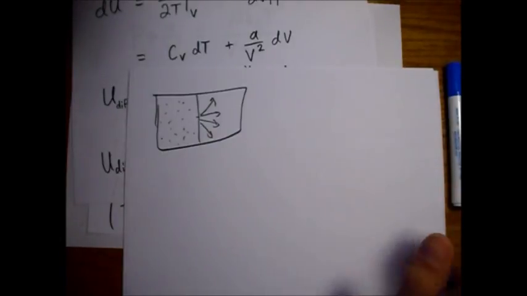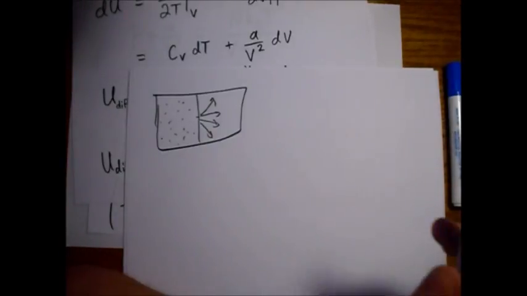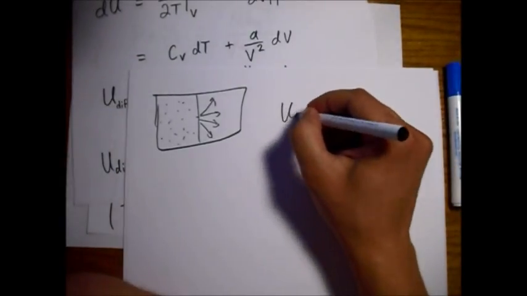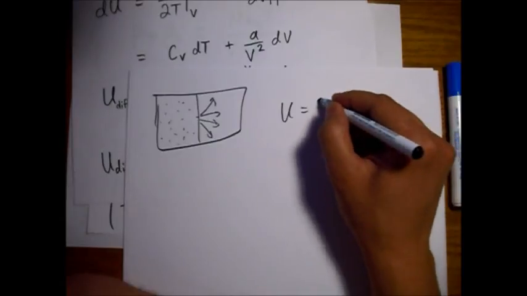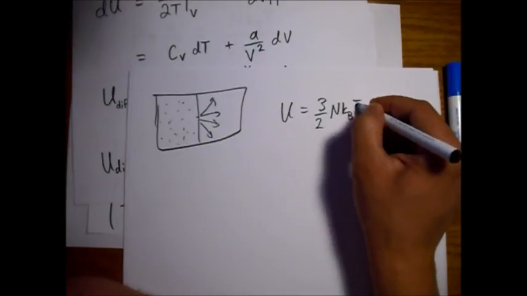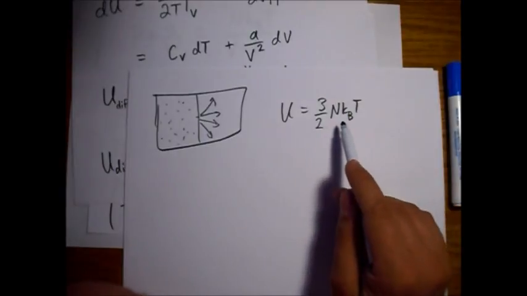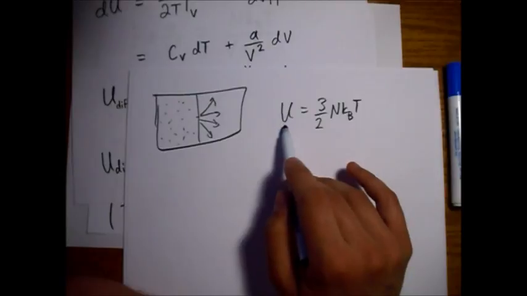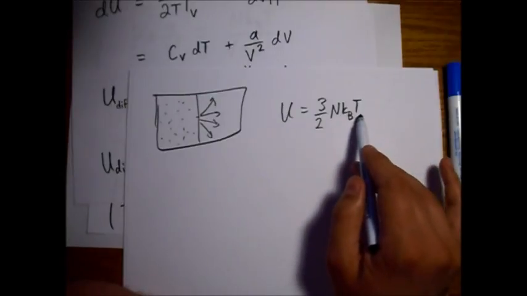Okay, so just starting with the ideal gas, the ideal gas has an internal energy of U equal to 3/2 N kB T. Right, for the ideal gas, as long as you're conserving number of particles, the internal energy is only dependent on the temperature.